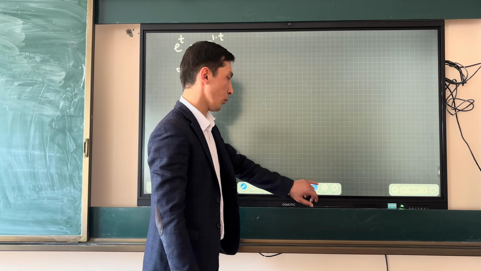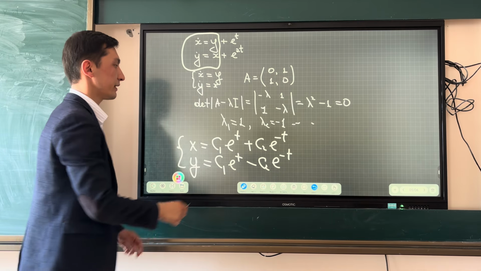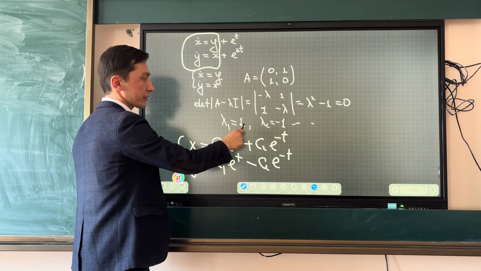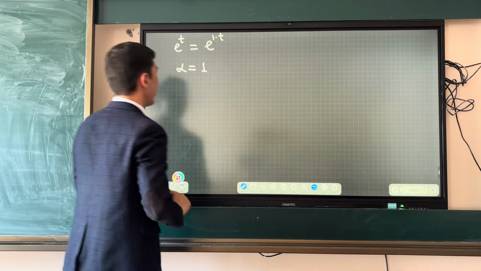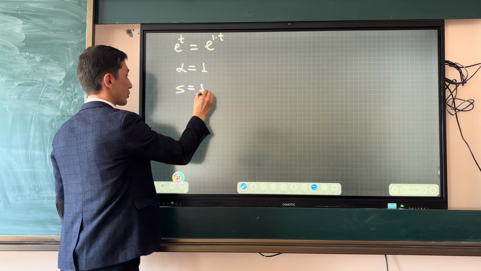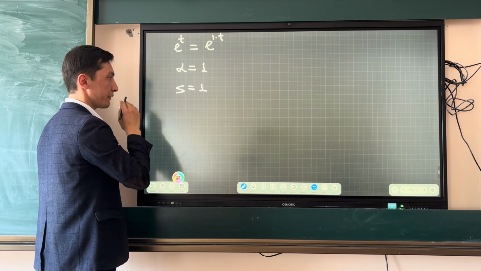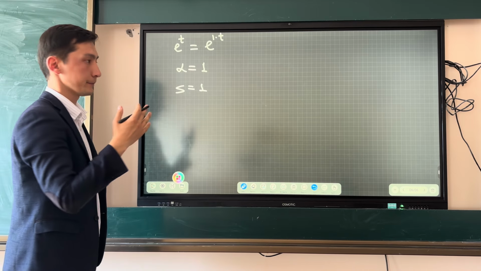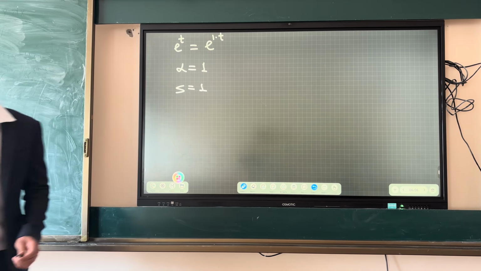And 1 is a root of the characteristic equation. So we have found s is not equal to 0, it is equal to 1. So we have to consider the particular solution of the non-homogeneous system.